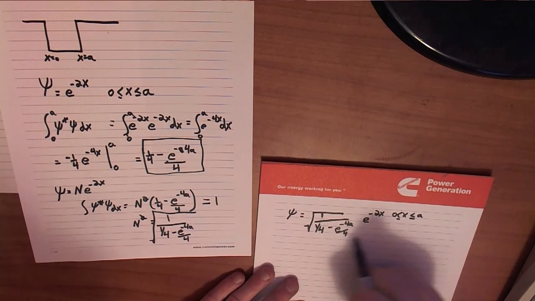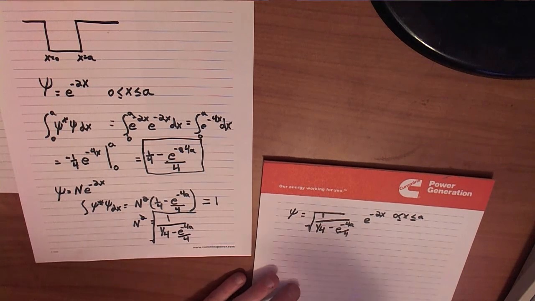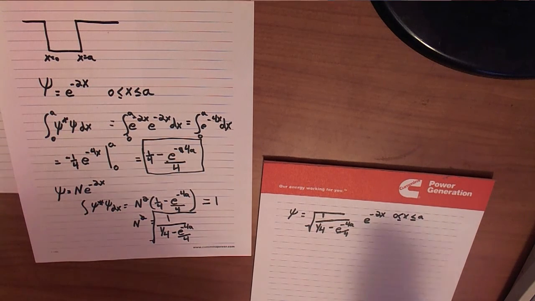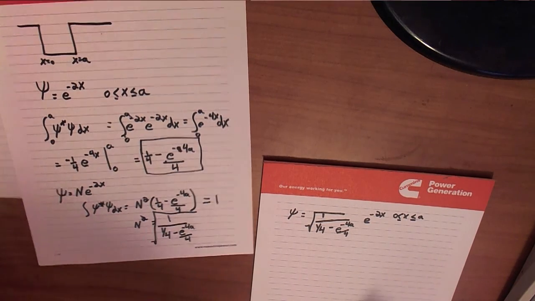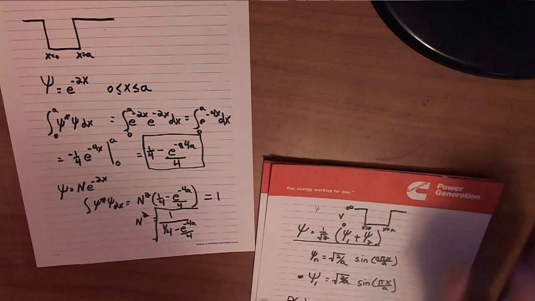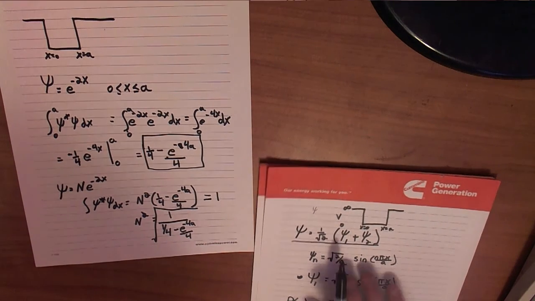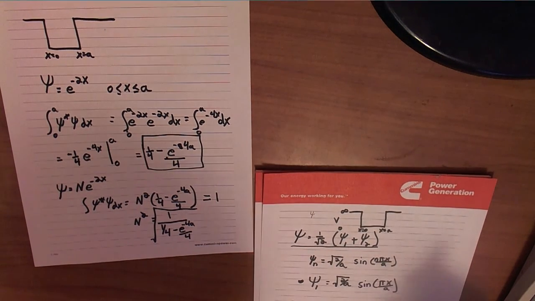This would then be a normalized wave function, and if we summed up all of the probabilities that we would get from taking psi star psi, we would get 1. That's what it means to be normalized. That's what I want you to do for this wave function, for the wave function in problem 7.